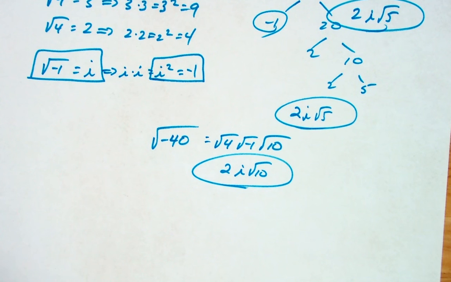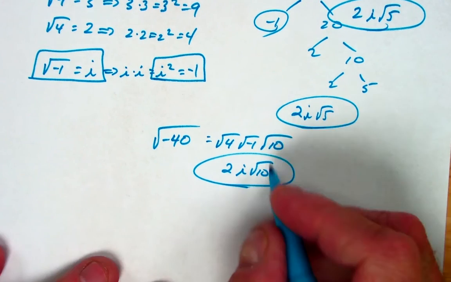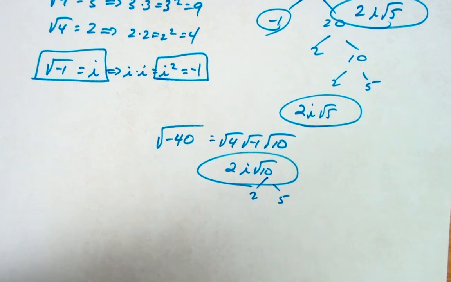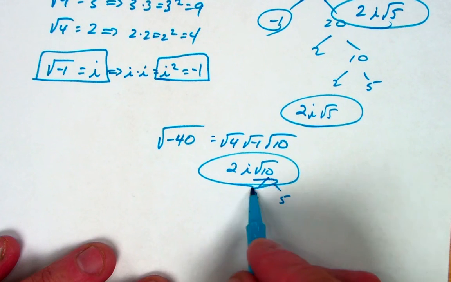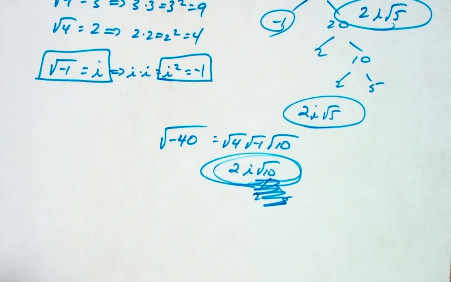I probably should have done an example of that earlier. Because if I do this, 2 and 5, there's no pairs. So we get 2i square root of 10.